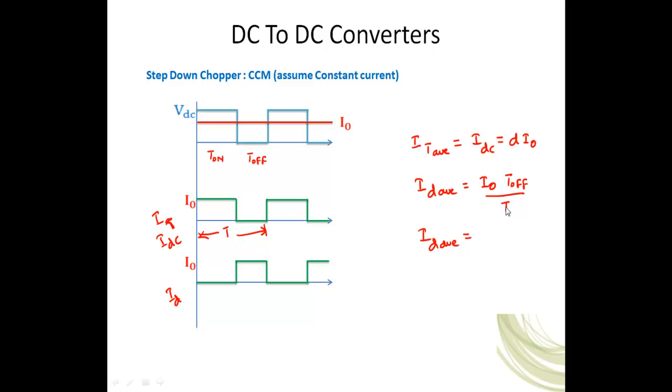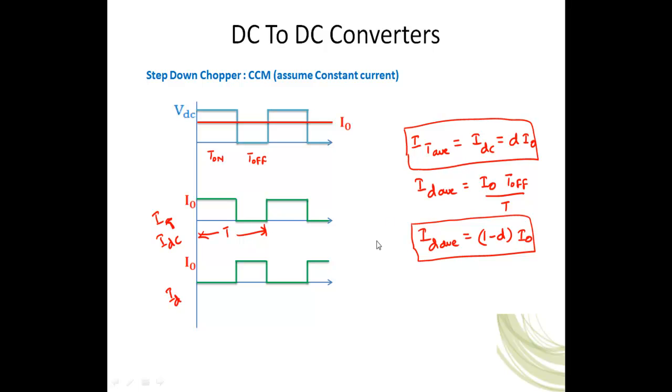T off divided by T is generally represented as 1 minus D, so I naught into (1 minus D). Why? T off can be taken as T minus T on, so T divided by T cancels to 1, and T on divided by T is nothing but D. That is what we can remember, and this one you need to remember.